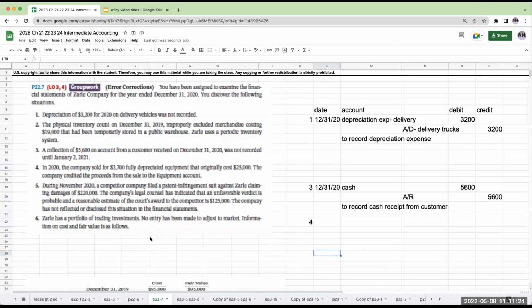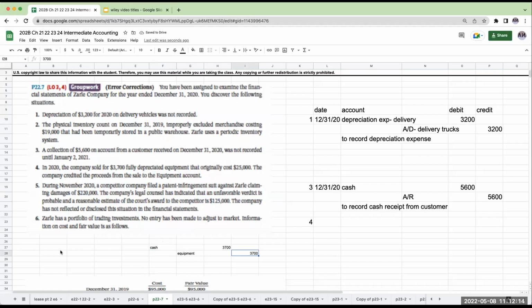I'm assuming that what happened here is the company got cash of $3,700, and then it basically credited the proceeds directly to the equipment account.